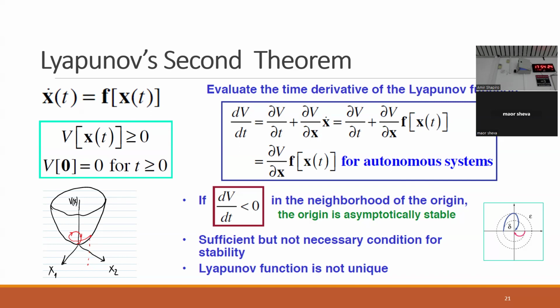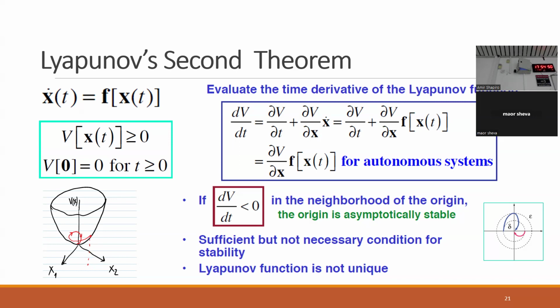So now we evaluate the time derivative of the Lyapunov function along a path of the system, along the trajectory of the system. So we need to take the derivative of V with respect to t.